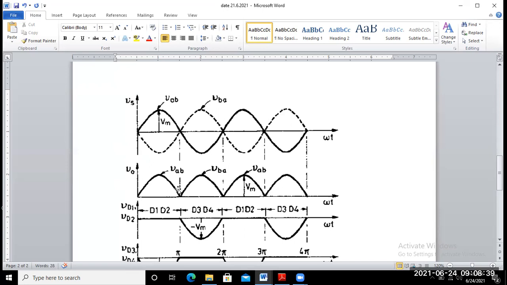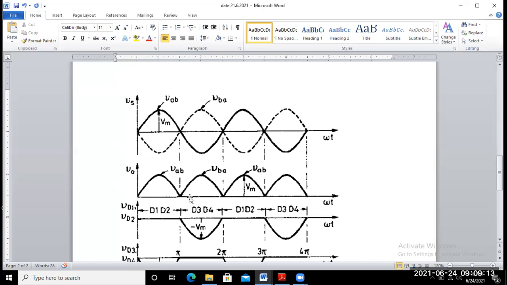When the positive polarity is connected to the anode and the negative polarity to the cathode, it is forward biased. When the opposite polarity is connected to anode and cathode, negative and positive opposite to the previous connection, the diode is reverse biased. So from 0 to pi, the output voltage waveform is just like this one, nothing but VAB.